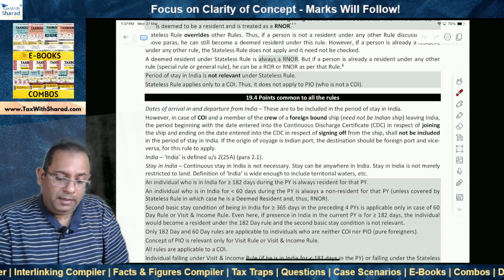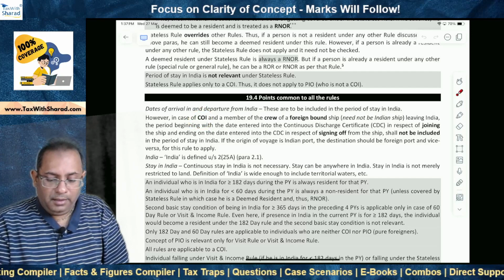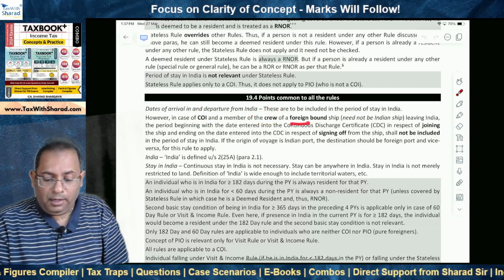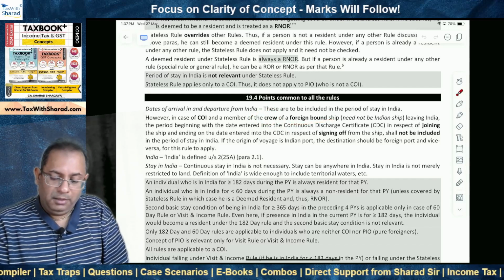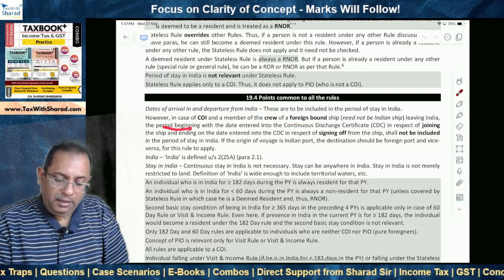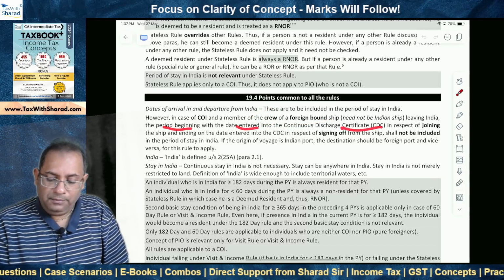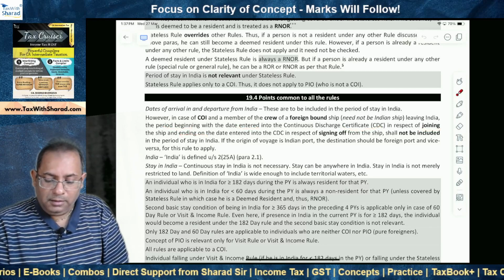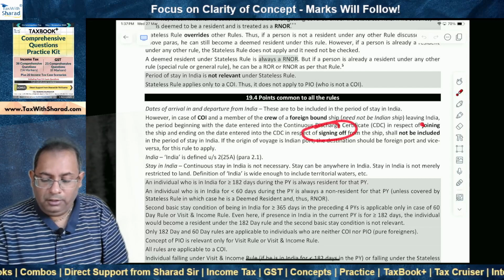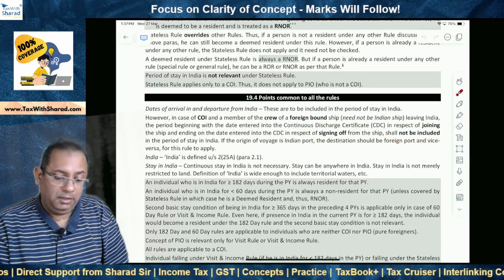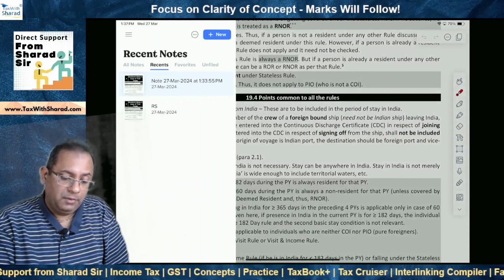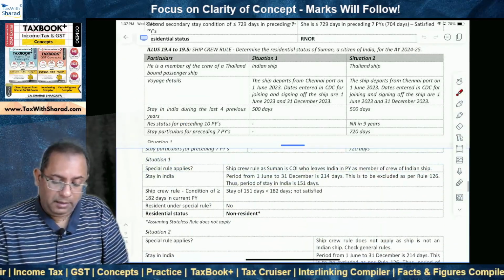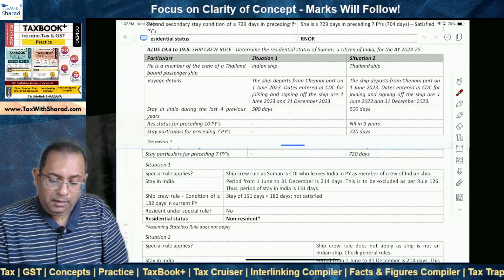But in case of a citizen of India who is a member of the crew of a foreign bound ship, whether Indian ship or foreign ship, it doesn't matter, the period beginning from the date entered in the CDC in respect of joining the ship and ending on the date entered in the CDC in respect of signing off from the ship will not be included in the period of stay. This is the rule 126 provision.